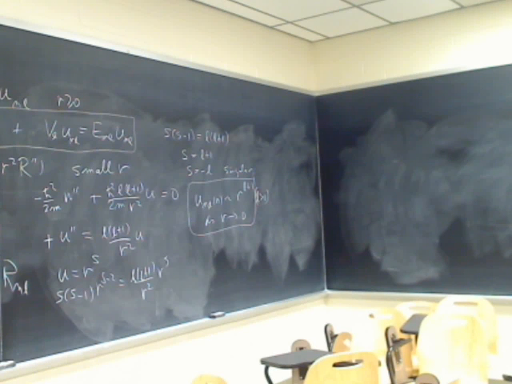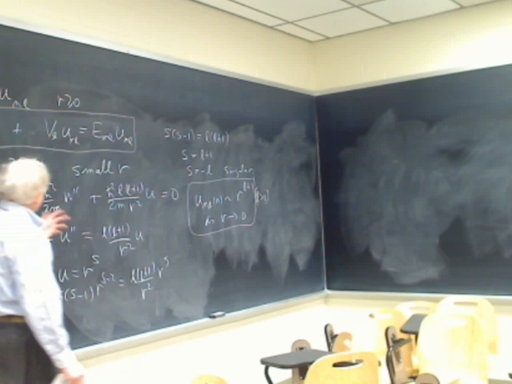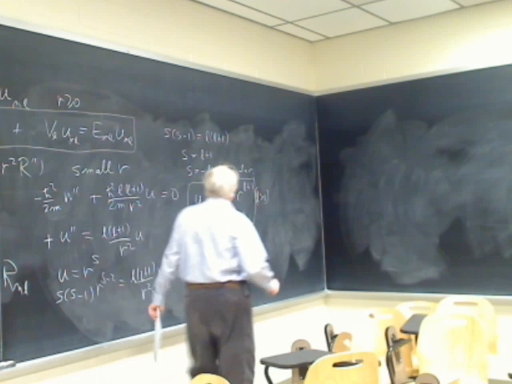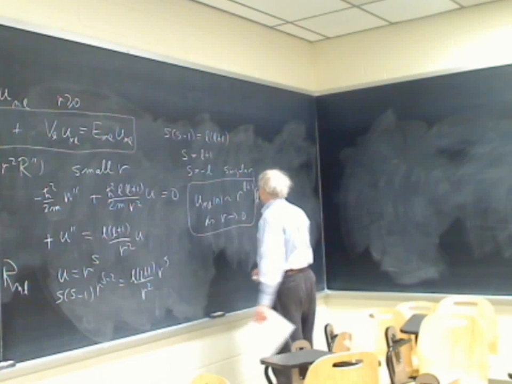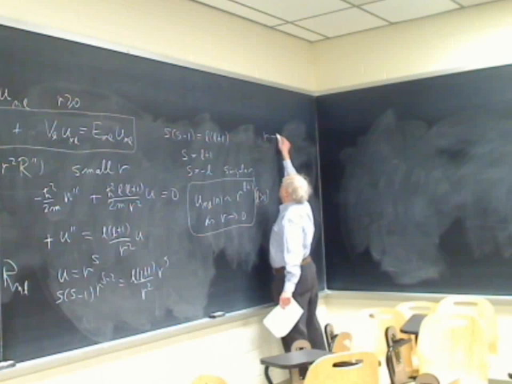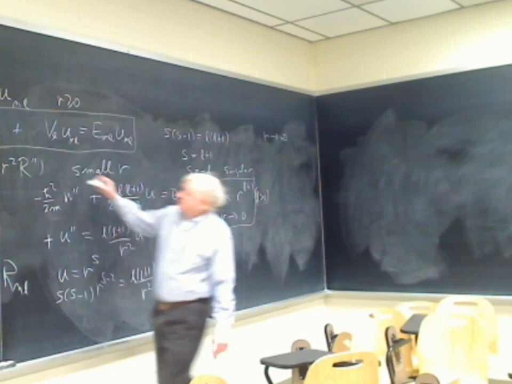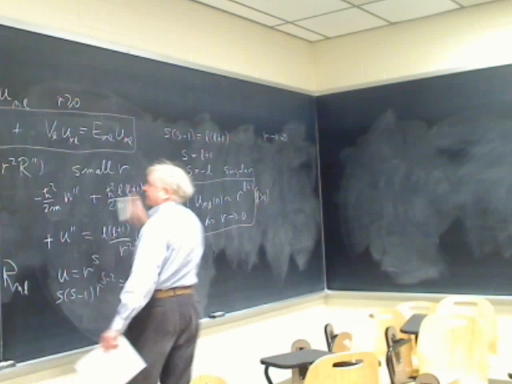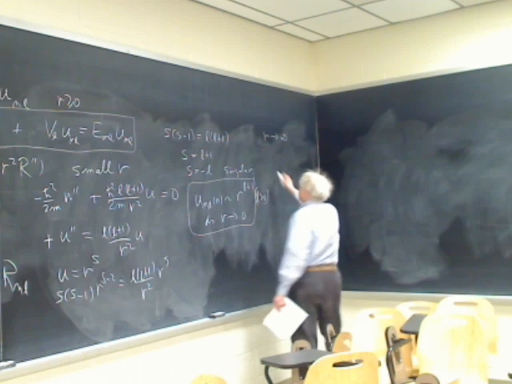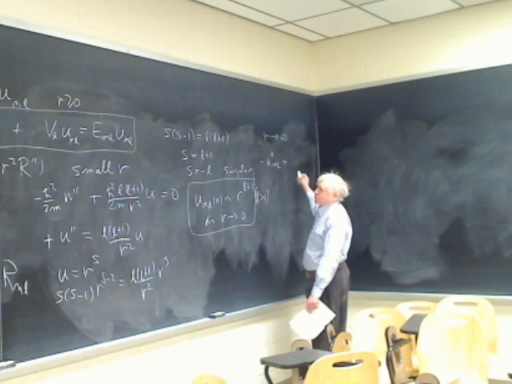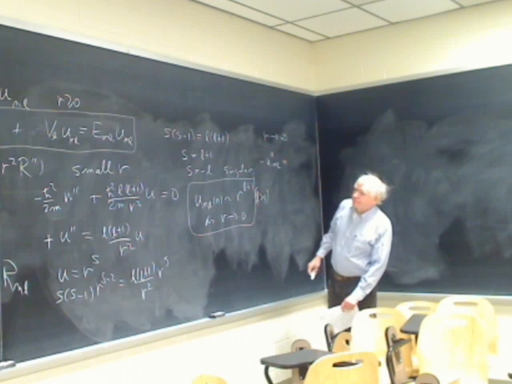These are central potentials and they fall off with distance at some power of r. So that's gone. And so in the limit r goes to infinity, the equation becomes simply minus u double prime n L is equal to E n L u n L.